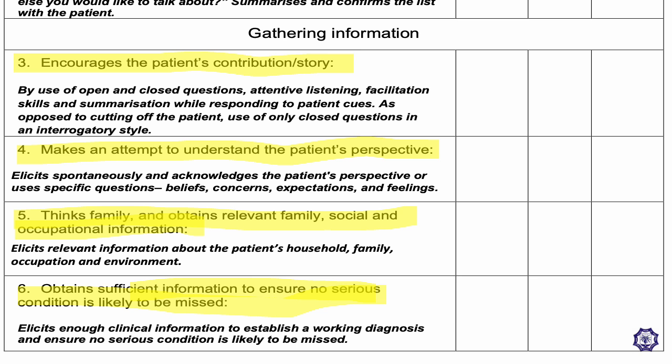So here, definitely the tools to be able to obtain that information can be assessed, as well as the process of obtaining that information. And number 6, or the fourth one in this section, is obtains sufficient information to ensure no serious condition is likely to be missed. So is the clinical information thorough? Is there a systematic review?